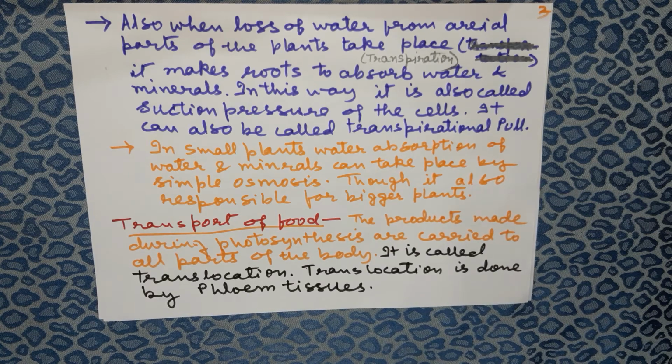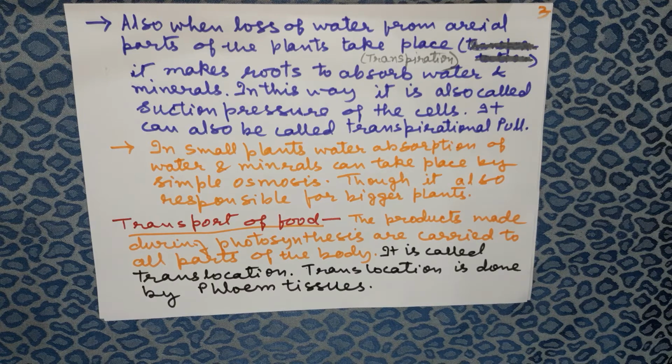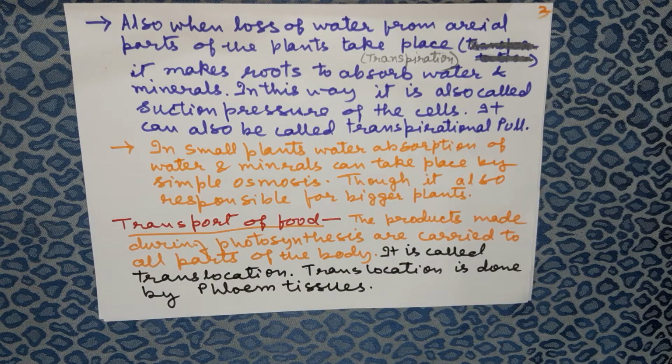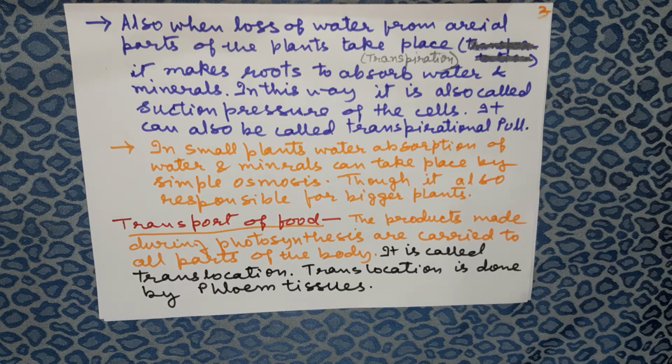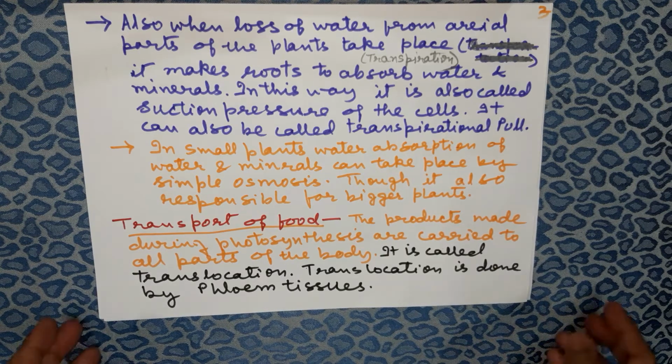It remains in the green leaves. From the green leaves, the manufactured food, that is carbohydrates, are supplied to all parts of the plant. And that is done by phloem tissues. This is called translocation of food in plants.